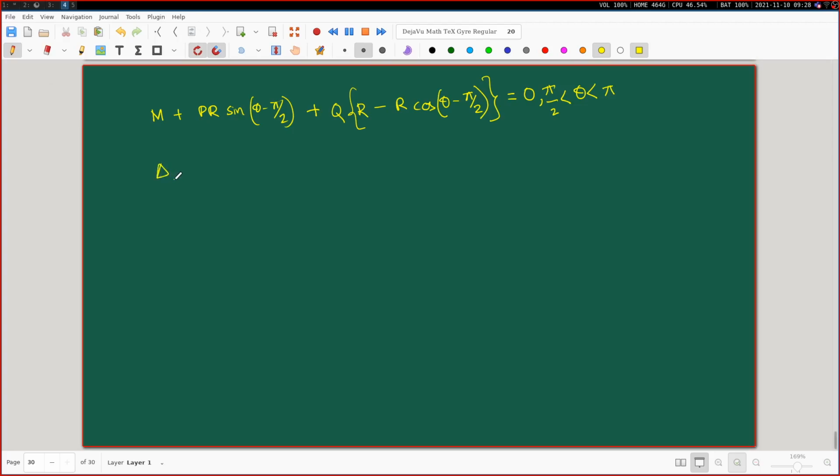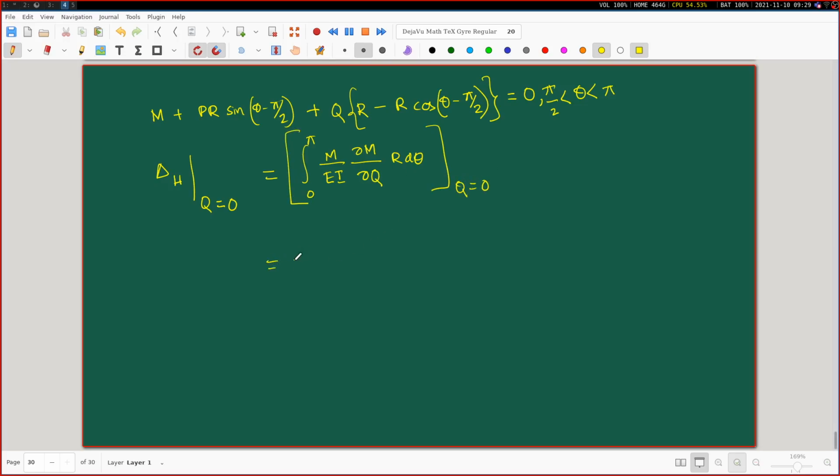So now for delta H, I have to understand that my Q has to be set equal to 0, and then this integration will be again from 0 to pi, M by EI, del M by del Q this time, and this will be R d theta, and this entire thing has to be evaluated at Q equal to 0.